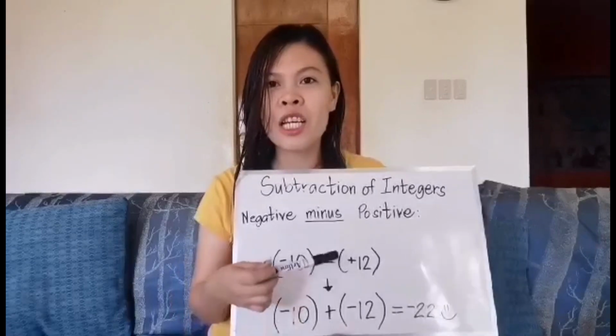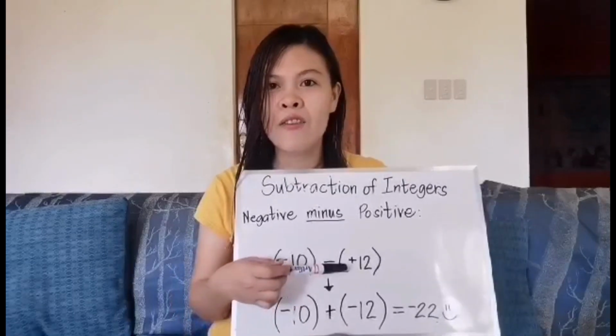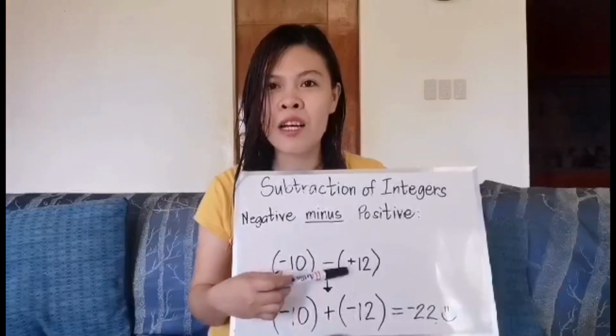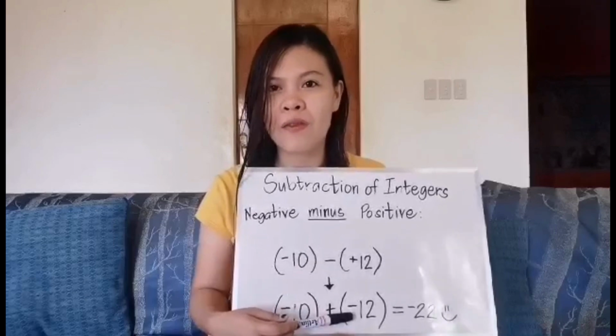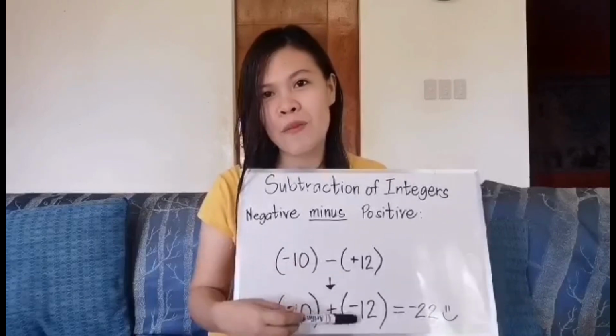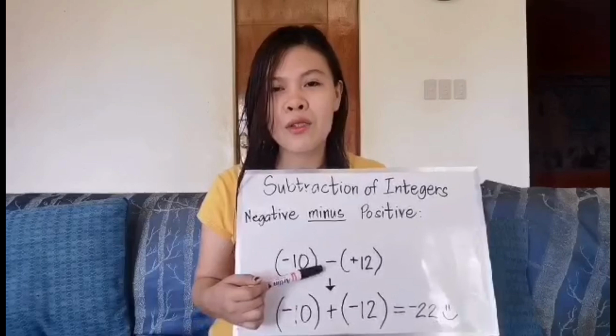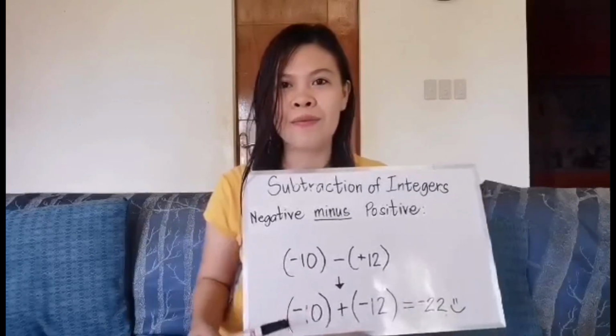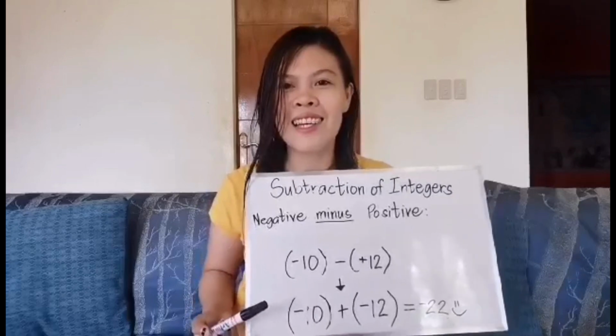The first rule, change the sign of the minuend. From positive, it will become negative. Positive 12 becomes negative 12. After we change the sign of the minuend, we will proceed to addition, from subtraction to addition. Clear, math lovers?